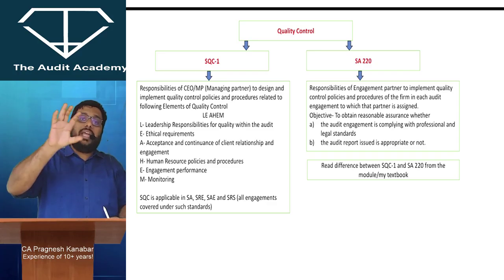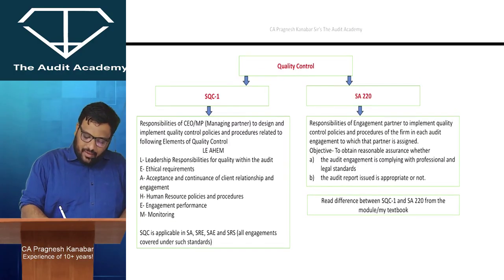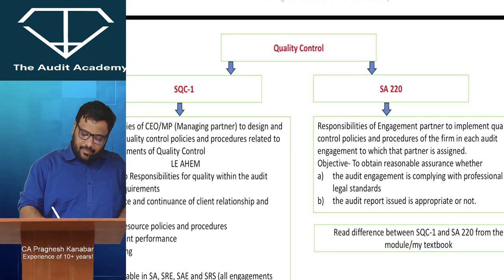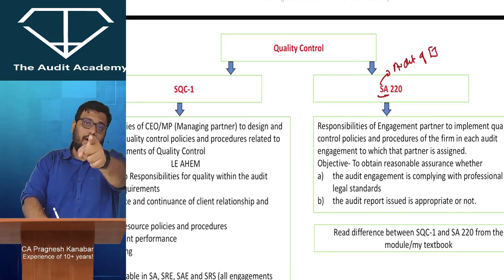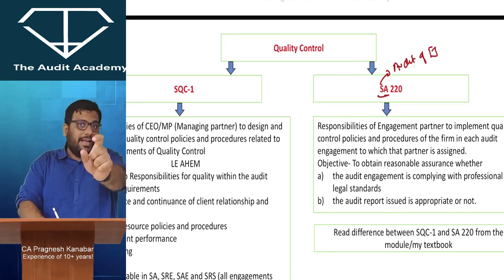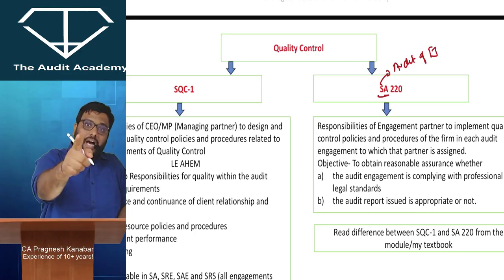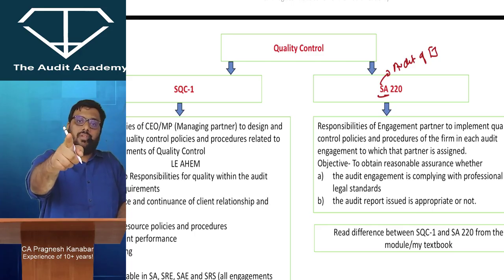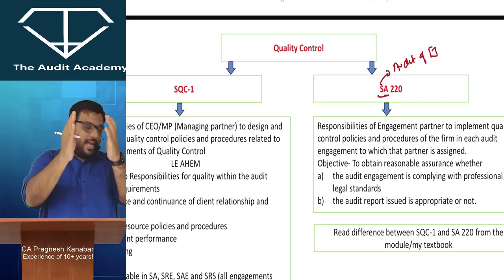Now let us talk about SA 220. When I say SA, it obviously talks about audit of financial statements. Now imagine you are also a partner, handling the audit of X Limited. In that audit of X Limited, you will be in charge of maintaining the quality, and you have to implement the policies and procedures of the firm at your engagement level.